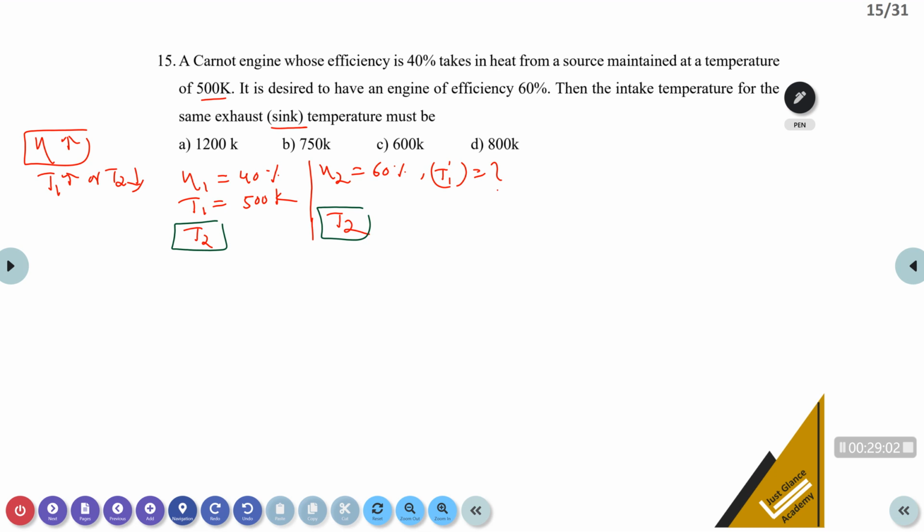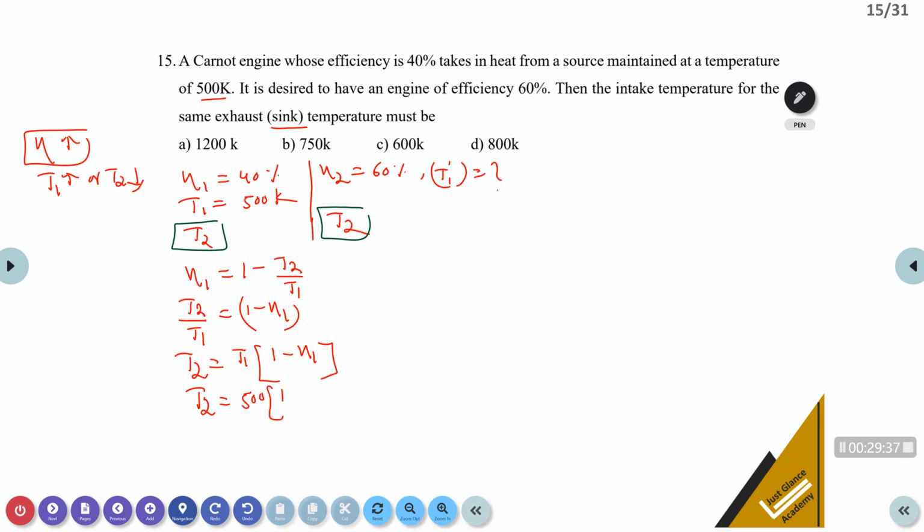Now I will write 2 equations. Efficiency equals 1 minus T2 divided by T1. Now I will alter it. T2 by T1 equals 1 minus eta 1. First calculate T2. T2 equals T1 into bracket 1 minus eta, equal to 500 into bracket 1 minus 40 divided by 100.